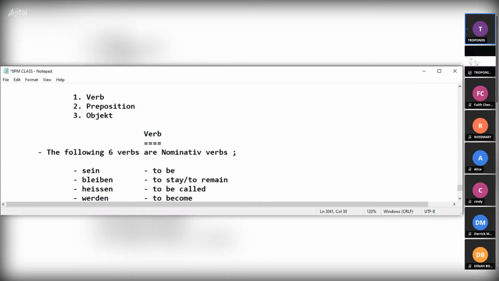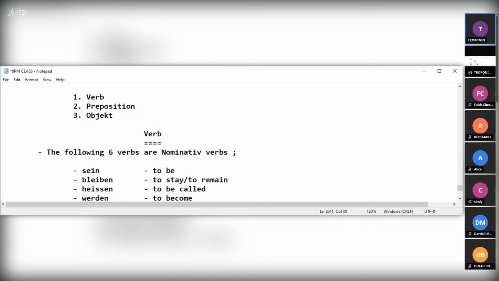So sie wird 18. She will be a doctor. Ich bleibe zu Hause today. I stay at home today.